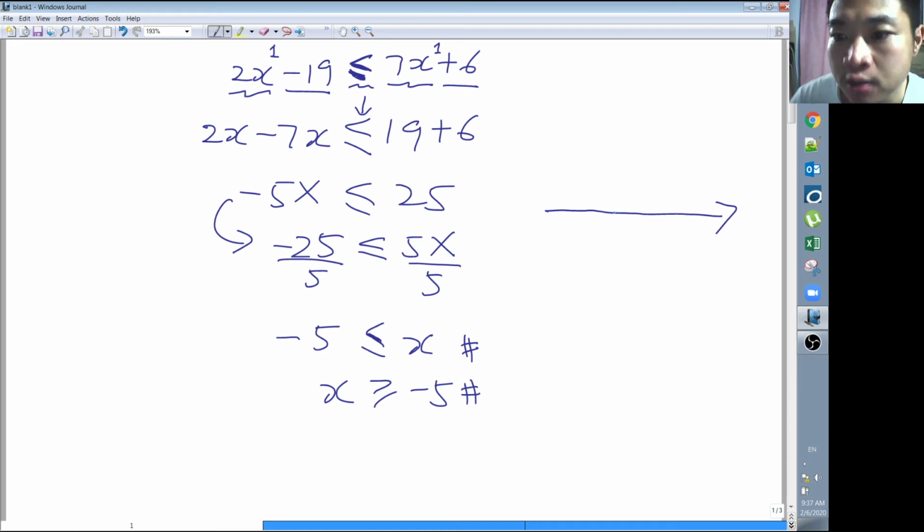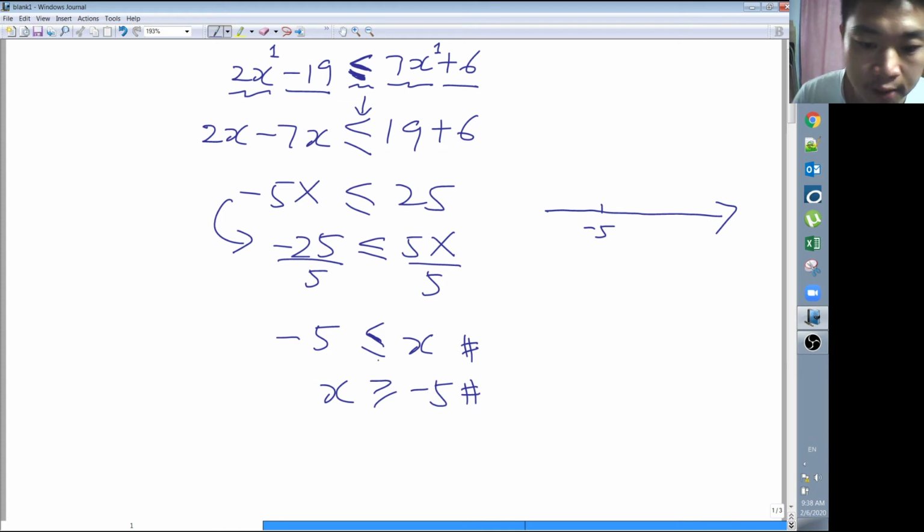So plot your -5, and then this is -4. In fact, you don't need to label so many numbers. One is good enough. So x is bigger or equal to -5. There is an equal sign here, right?